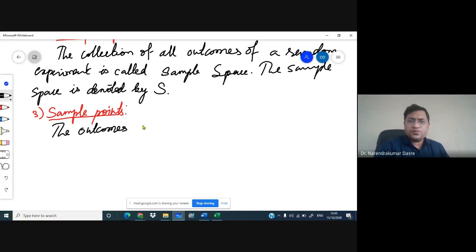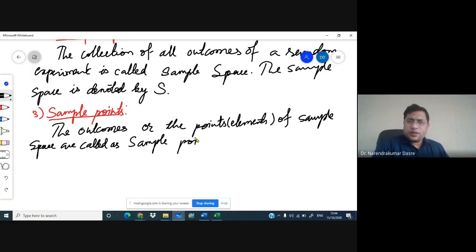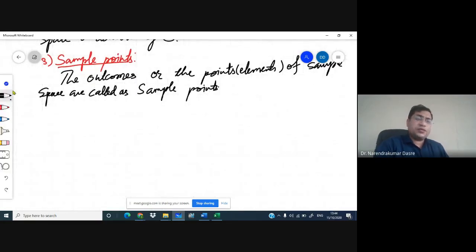The outcomes, the points, the elements of the sample space are called sample points. So the elements of this sample space, or the outcomes, are called sample points.